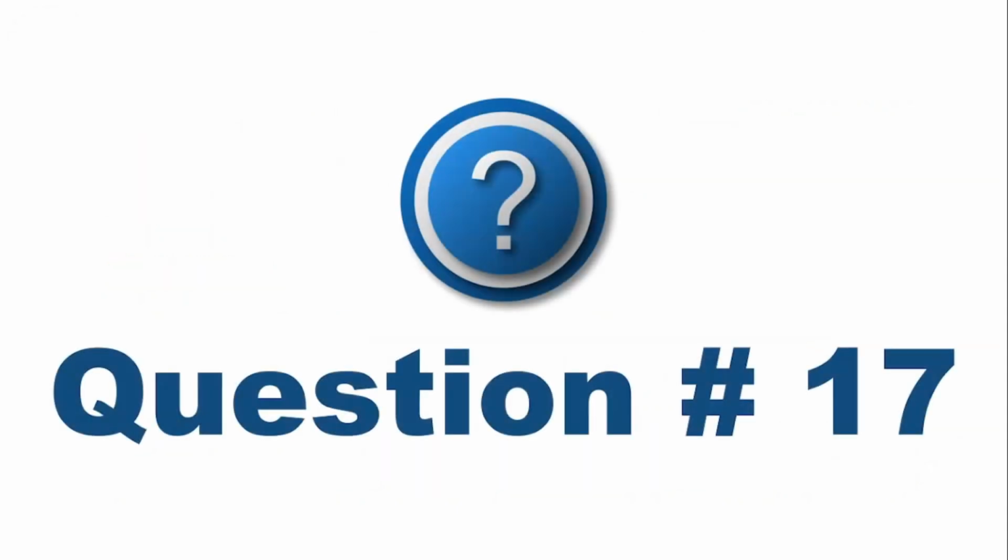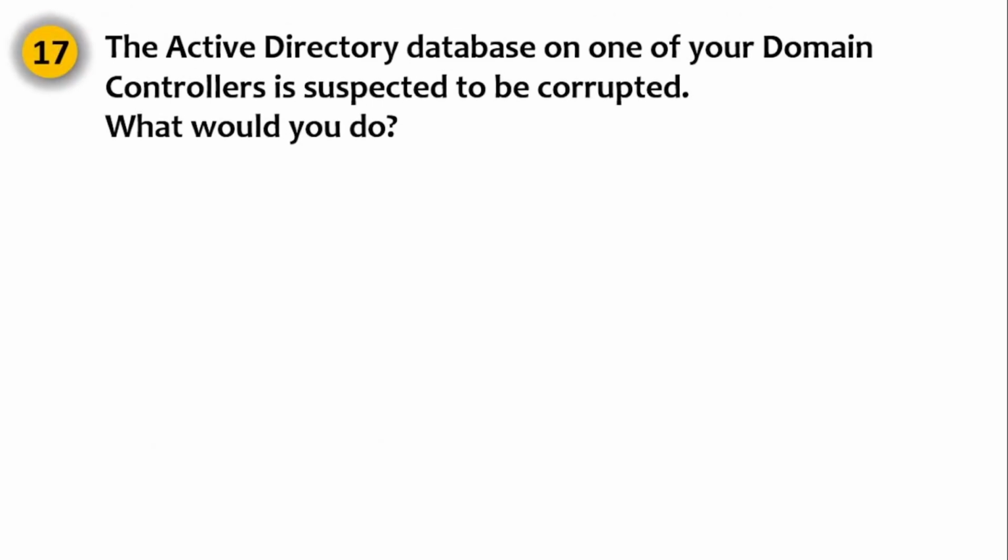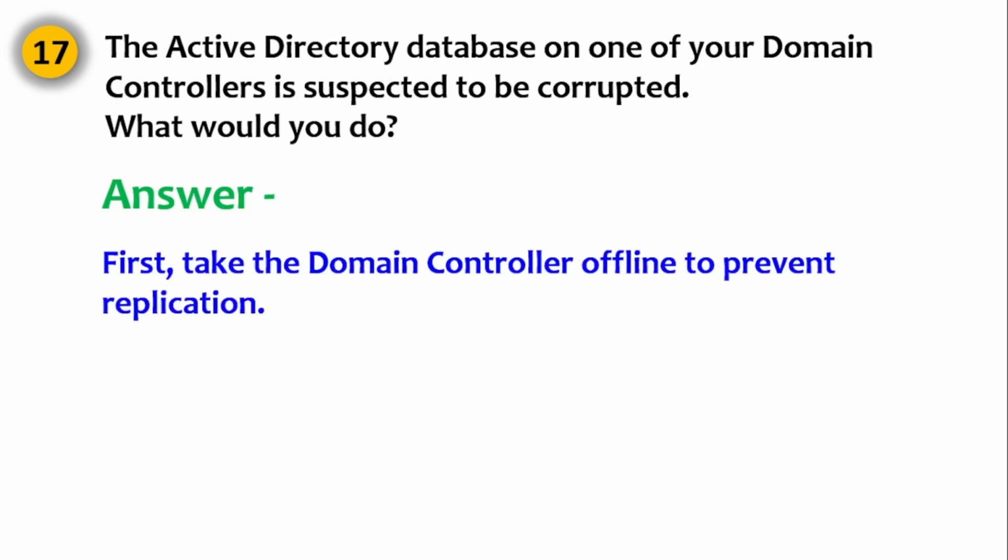So question number 17. The Active Directory database on one of your domain controllers is suspected to be corrupted. What would you do? So the answer is, first and foremost, we have to take that domain controller offline to prevent replication.